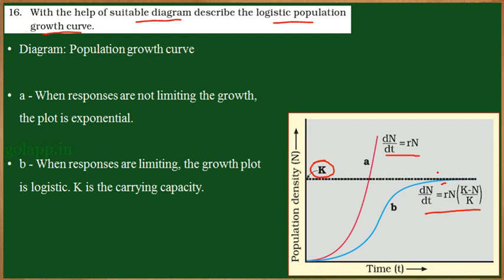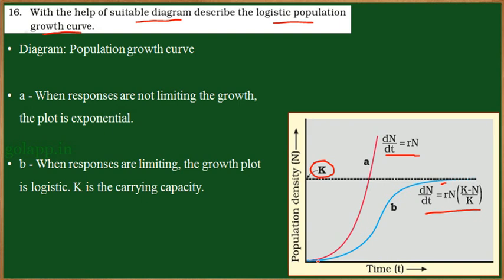Now such a growth curve is called the logistic growth curve, and this is limited by the resources available in the environment. And this stage or this place where the maximum growth is seen is called the carrying capacity. Now if we analyze this logistic growth curve, initially there is a lag phase.